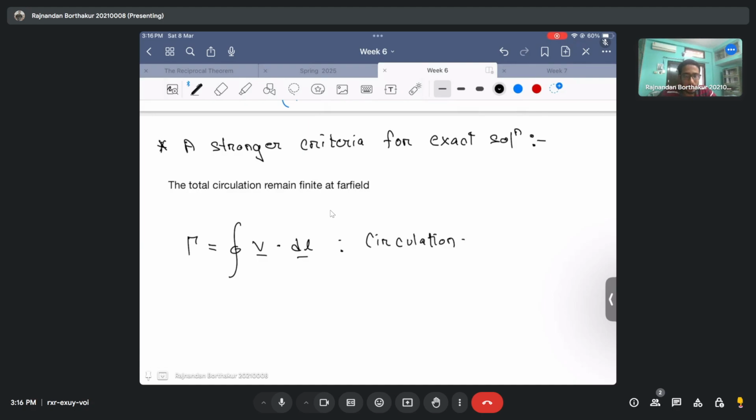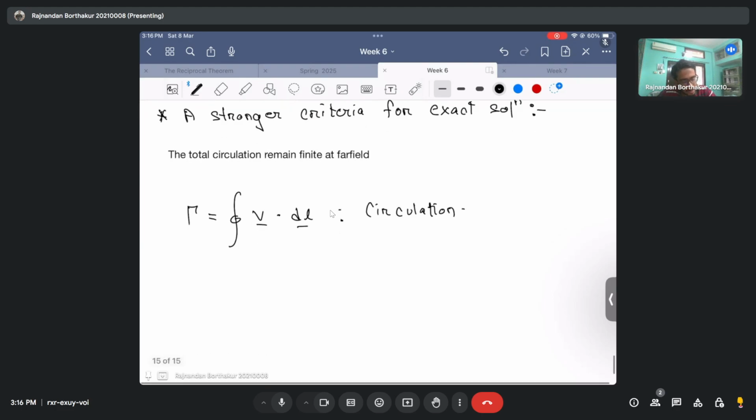In other words, in terms of a more generic mathematical description, you can say that if you have a closed curve and then you have a vector field facing in any direction, and then you integrate this vector field along this closed curve, it basically gives you circulation.